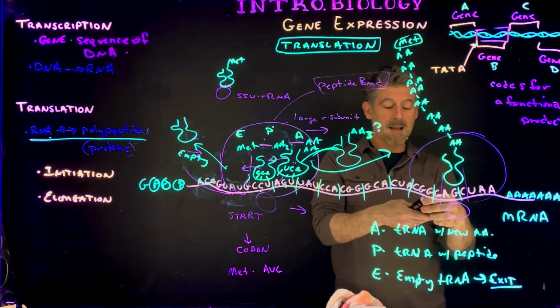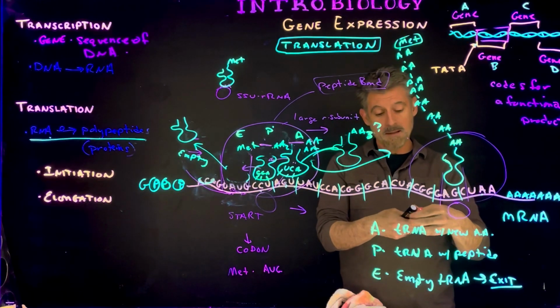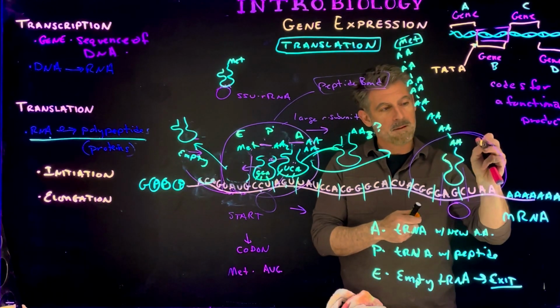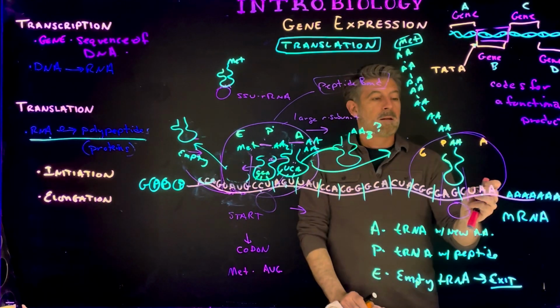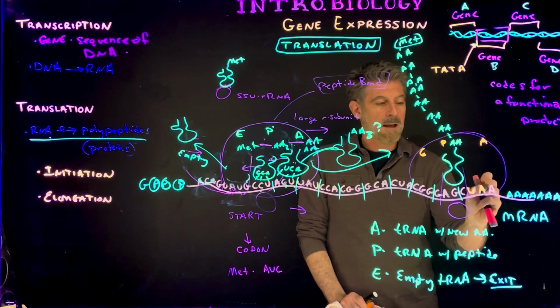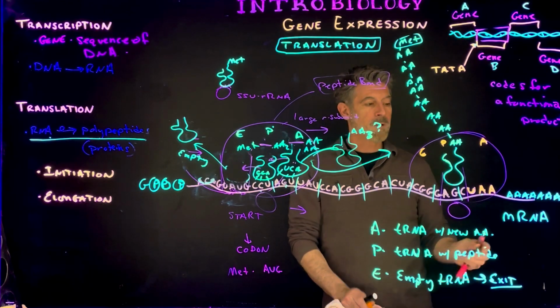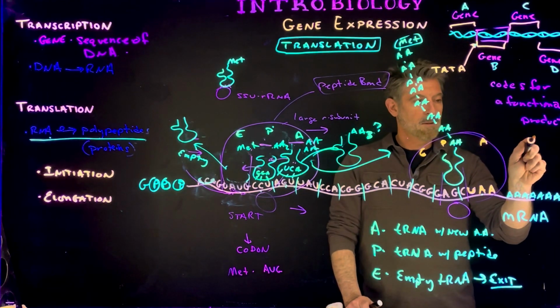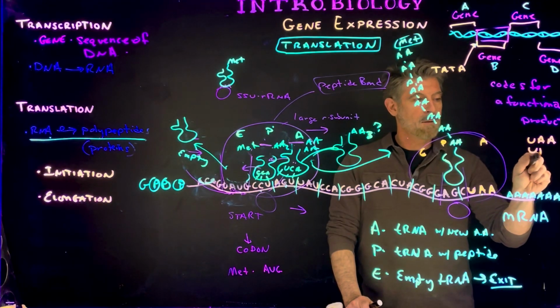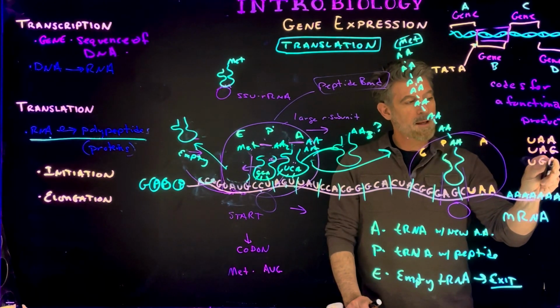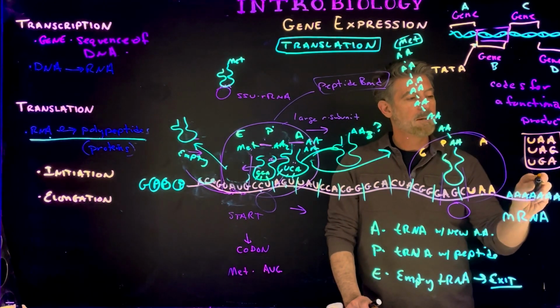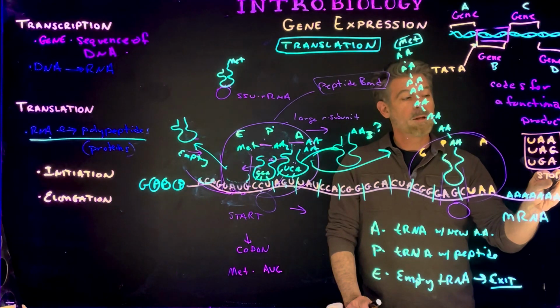And now in the A site, that's the P site here, the A site was empty. This sequence, UAA. And what we're going to find is that UAA, UAG, and UGA, these three code for no amino acid.